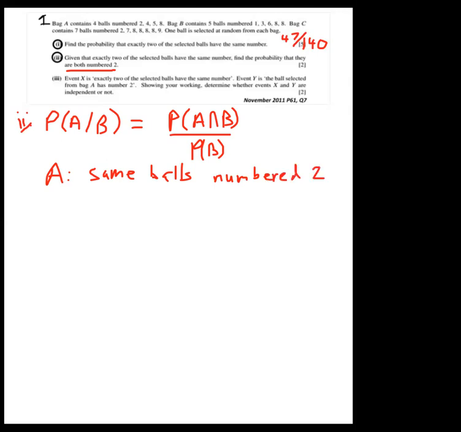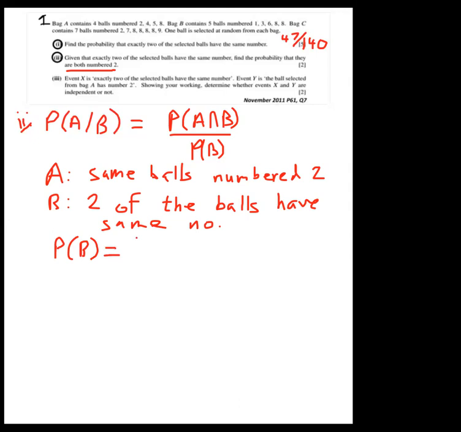And B is that 2 of the balls have the same number. So probability of B we found in the first part. So we know that probability of B is 47 upon 140. Now we have to find the probability of A intersection B.